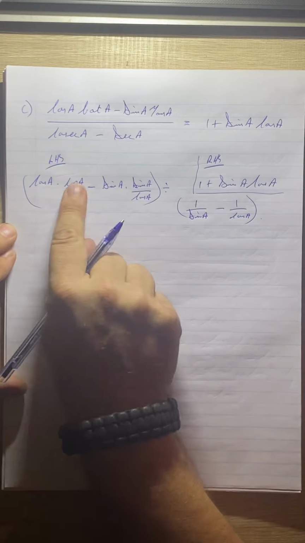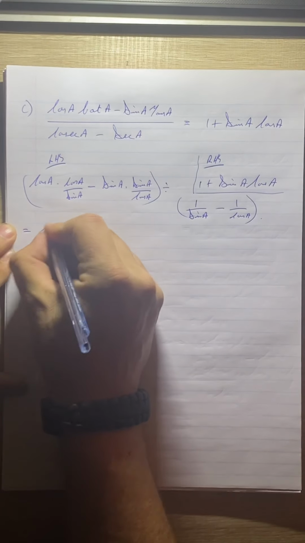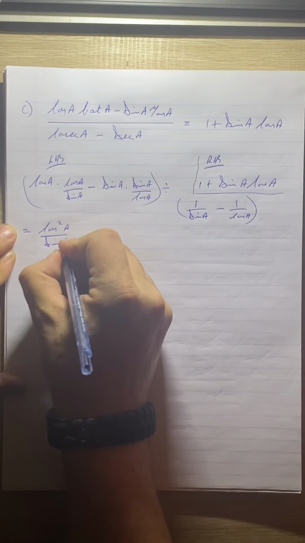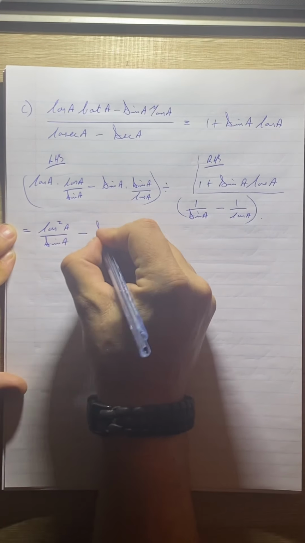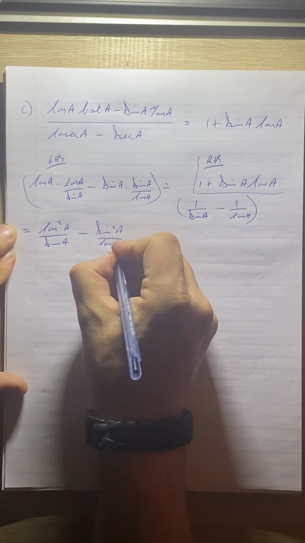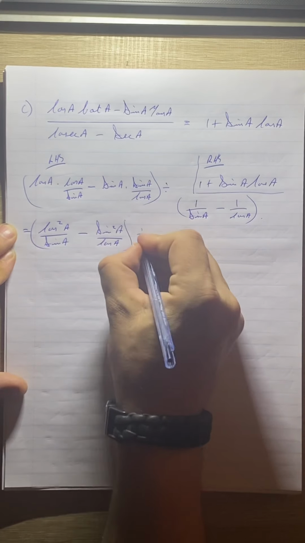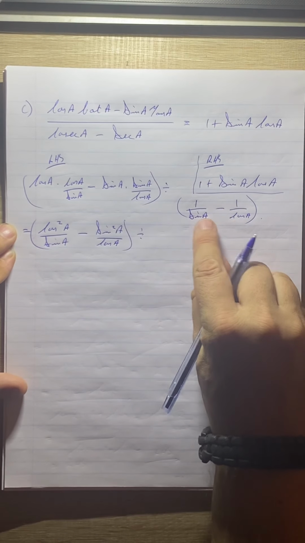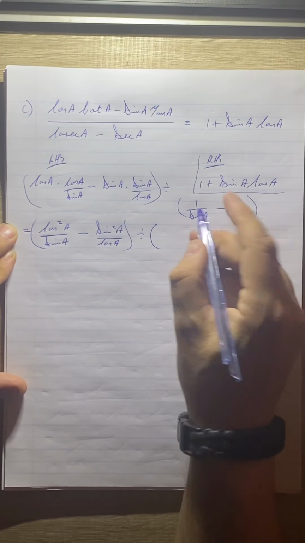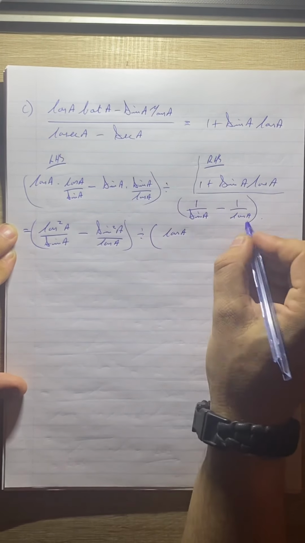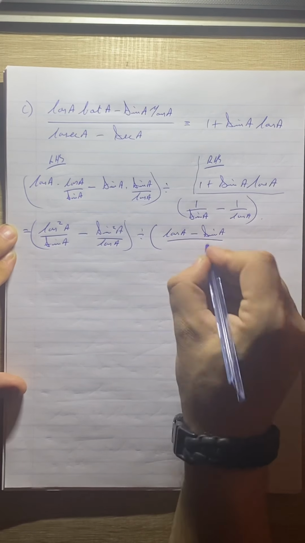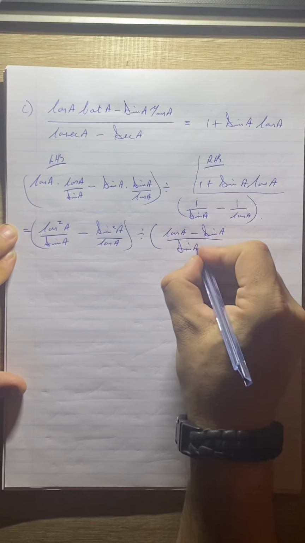So over here, we're going to get cos squared A over sine A minus sine squared A over cos A, divided by, over here I'm going to find an LCD, and our LCD is sine A cos A. So I multiply this one by cos, and we get cos A, multiply this one by sine, so minus sine A, all over sine A cos A.